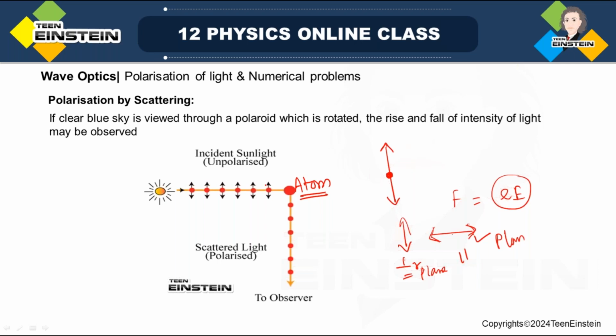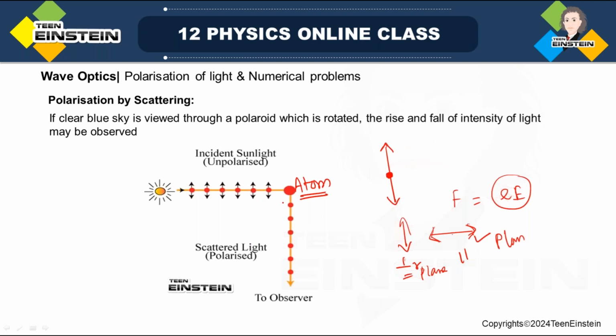Only for the component of the electric field for which the electrons oscillate in a direction perpendicular to the plane, they will radiate light in this particular perpendicular direction.